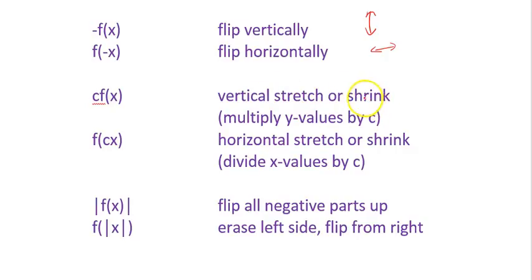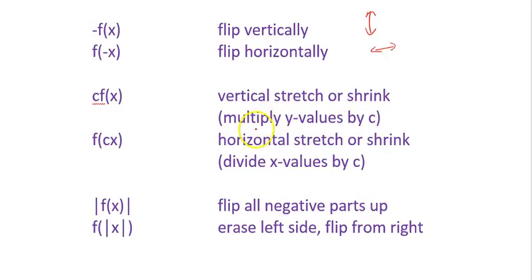So it's doing the same thing here. On the inside, that number changed the period, and you had to divide by that number. So if it was a big number, you actually shrunk, and if it was a small number, you stretched horizontally. And so over here, it's the same kinds of changes. We're just doing it with things that are not just trig graphs.